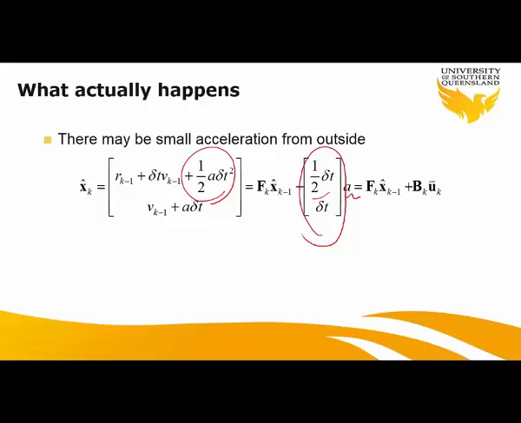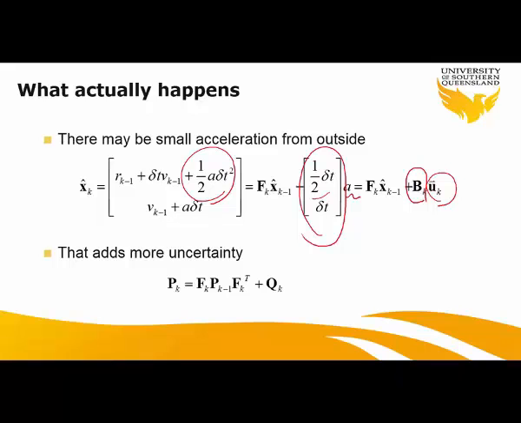I can rewrite that formula into this, and there are two new terms here. The general term Bk, this one here, is the control matrix, and this one is the control vector. So by adding constant acceleration to our object, this formula can be created.